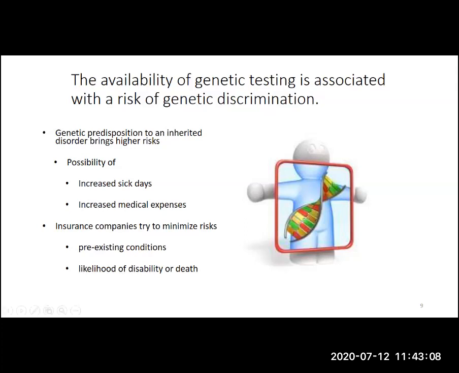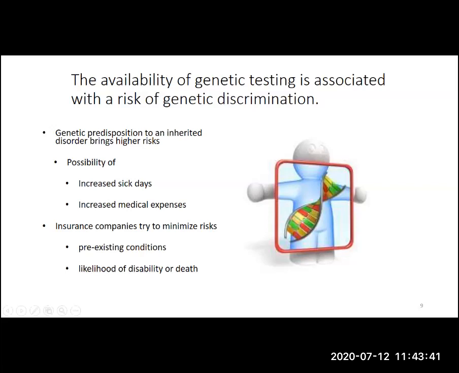If we take a look at insurance companies, they basically collect lots of money in premiums with the hope that they're going to pay out less than what they bring in for healthcare. And so the idea is that insurance companies work by enrolling lots of healthy people, they're going to pay their premiums and not use it very much, so that they can afford to pay for the health coverage of some very sick people. And so basically what the insurance companies want to do is minimize their risk, minimize what they have to pay out.